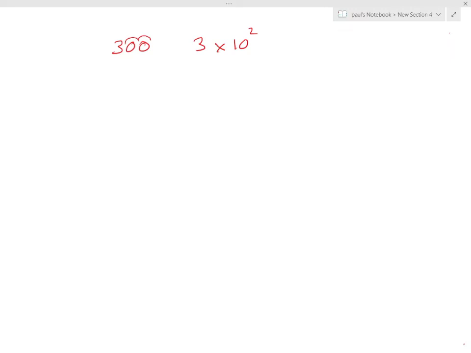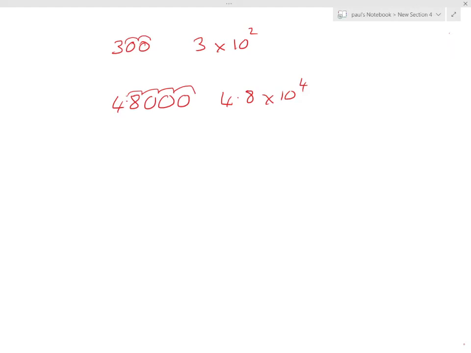If you have a more complicated number, say 48,000, your first number must be between 1 and 10, so it's 4.8. So there's the decimal in between 4 and 8, and loop from there to the end: 1, 2, 3, 4, times 10 to the 4. So that's how to do an ordinary number into a standard form number.